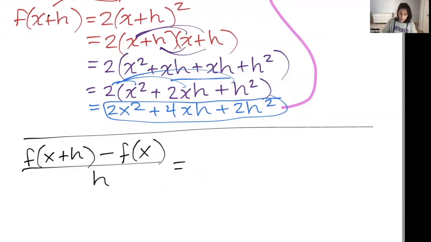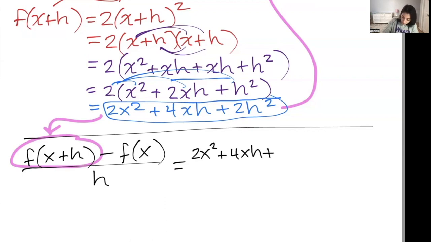Okay, so f of x plus h, as I said, we are going to substitute in there because we just found out what it was equal to. So we got 2x squared plus 4xh plus 2h squared. So this was the substitution that we made.